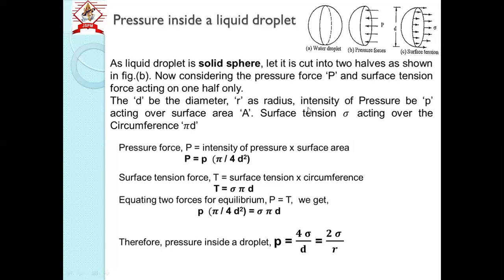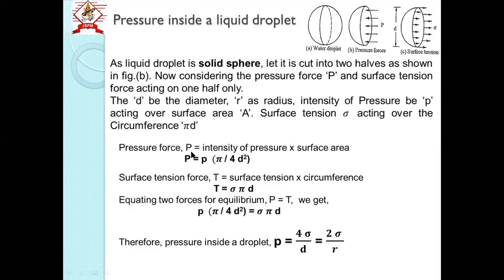Let the pressure intensity be small p. This capital P is pressure force and small p is intensity of pressure. This is different. It is acting over a surface area, whatever is the area, capital A. Surface tension, denoted as sigma, acts over the circumference, which is pi d, and area is pi by 4 d square.